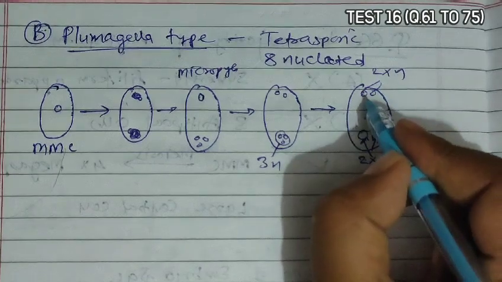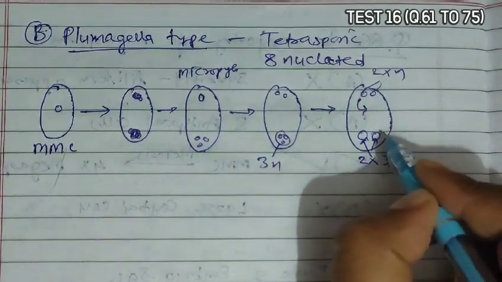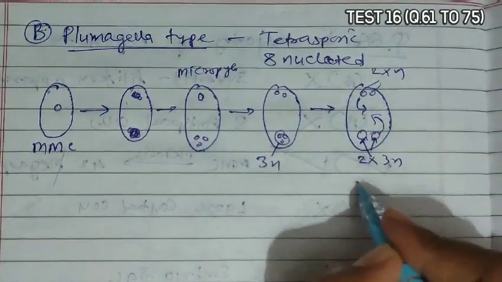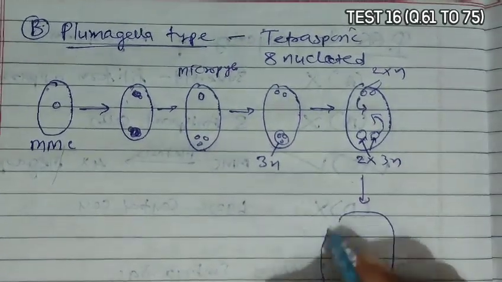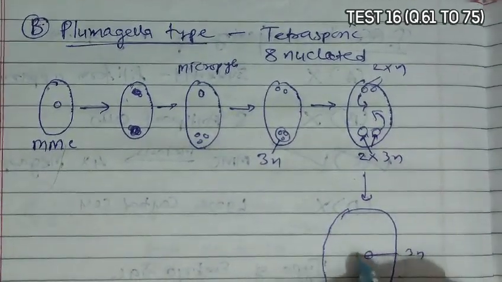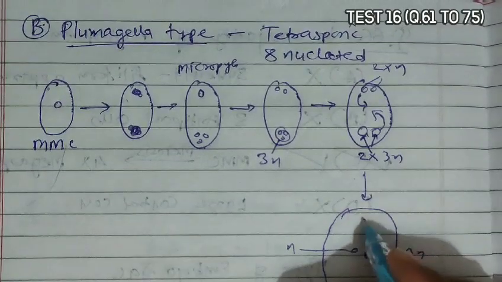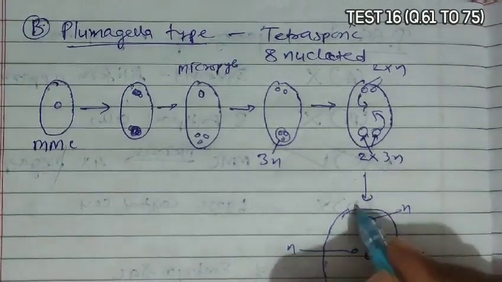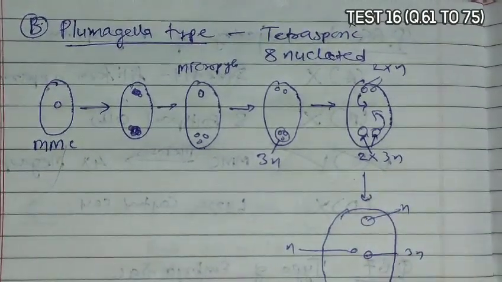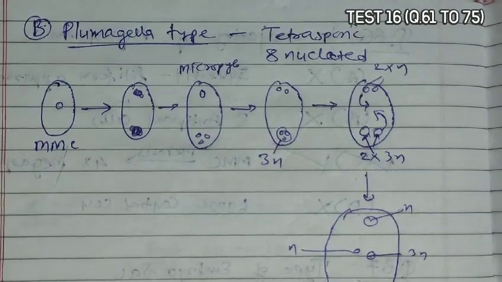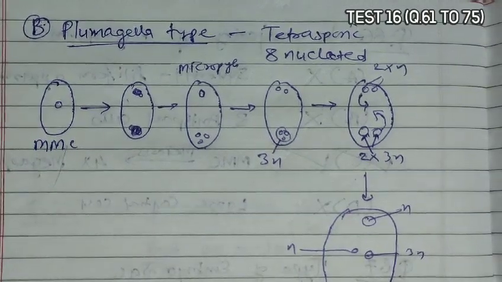Now out of this, 1 reached at the center and this one 3N nuclei reached at the center. So now at center we have one 3N nucleus and one haploid nucleus. Now here one haploid nucleus remains at the micropyle end and one 3N nucleus remains at the chalaza end.